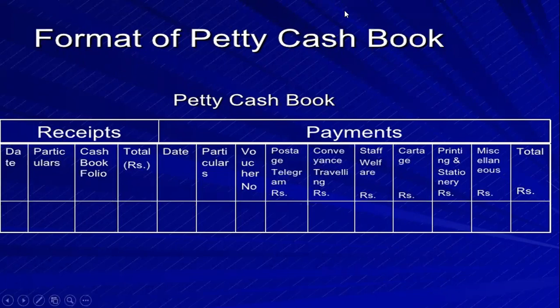You can see on the screen it has only one debit, that is, say a big lump sum amount is taken in petty cash, and where it is used for various functions will be mentioned separately in separate columns.